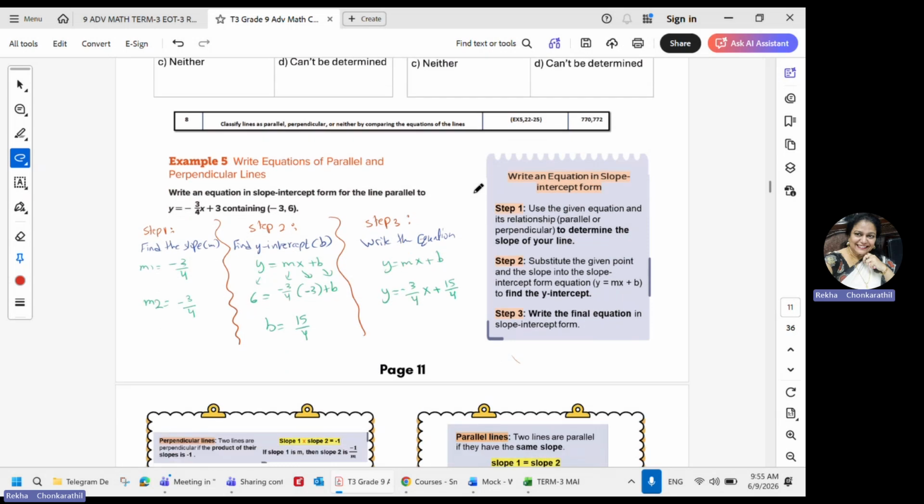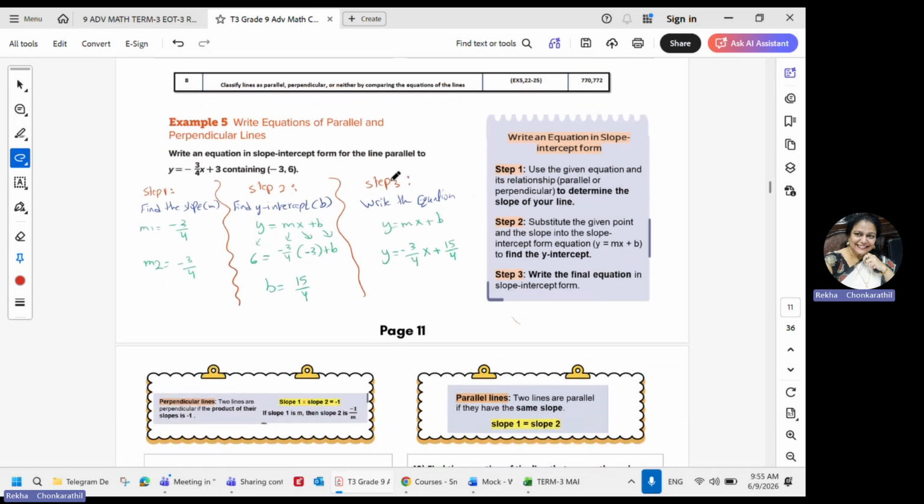Next, we have a similar thing, but here we are not given the 2 points. Instead, we are given the line equations. Now, you know y equal mx plus b is the form where m is the slope and b is the y-intercept, isn't it? So if the slopes are equal, then the lines are parallel.